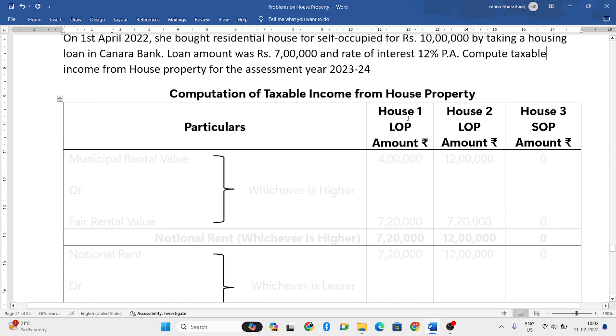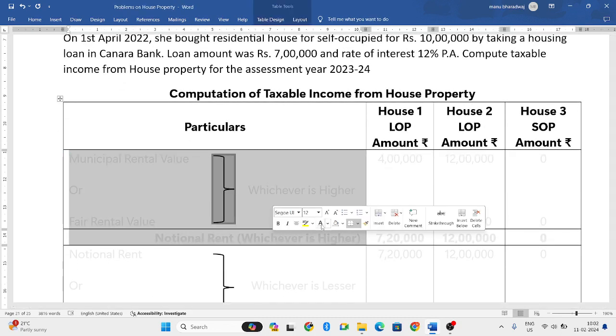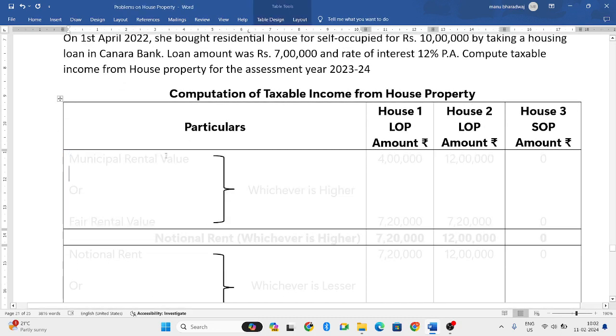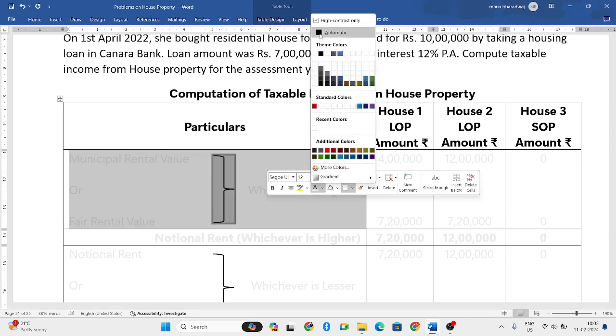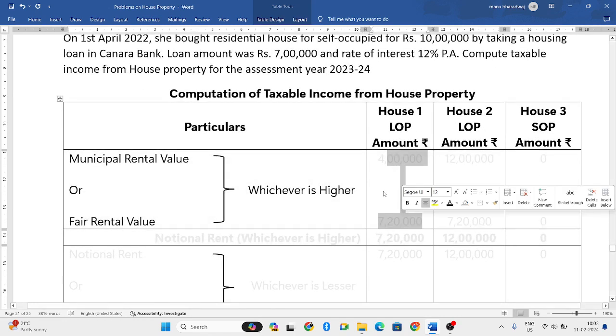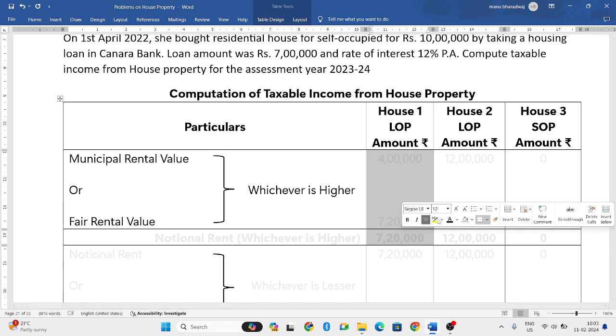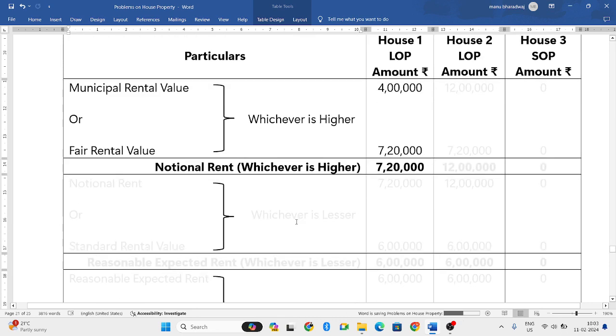So there are three houses. House 1 and house 2 are let out, and house 3 she has purchased for self-occupation. First we consider the municipal rental value and fair rental value. MRV is 4 lakh and fair rental value is 7 lakh 20,000. Whichever is higher, 7 lakh 20,000, is considered as notional rent.